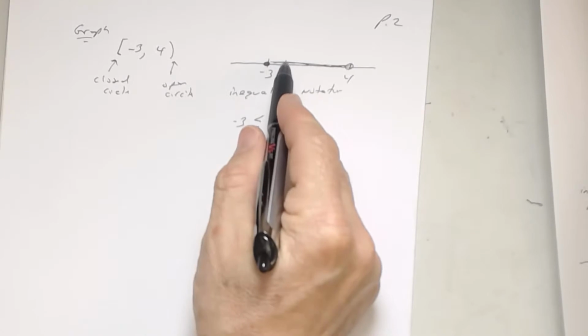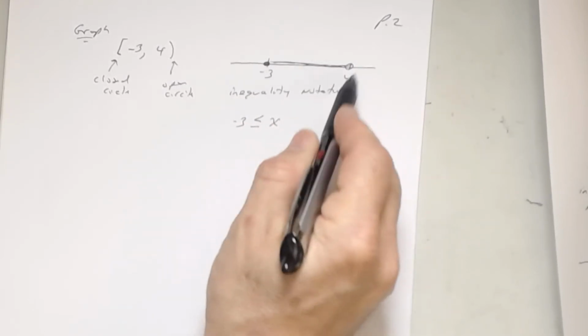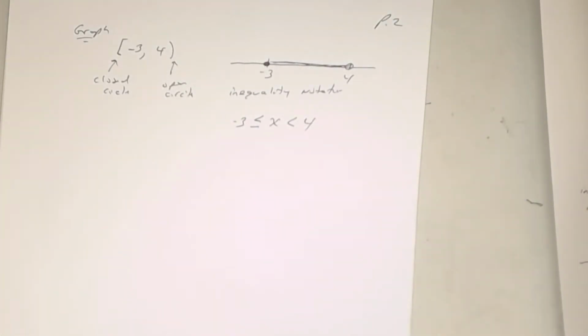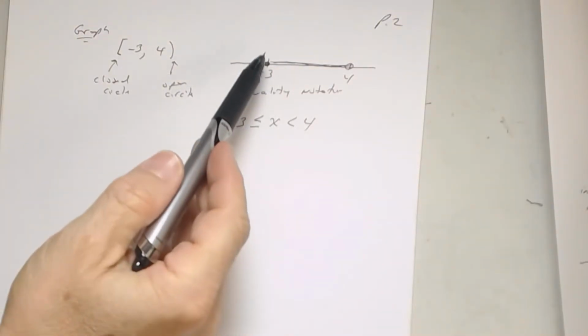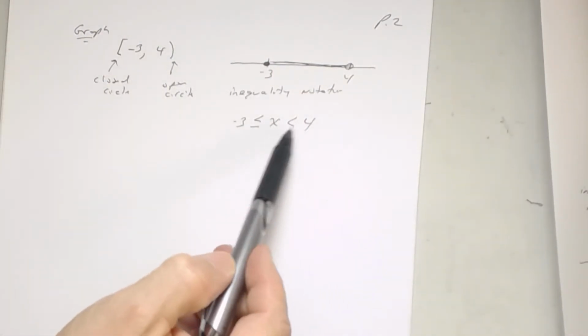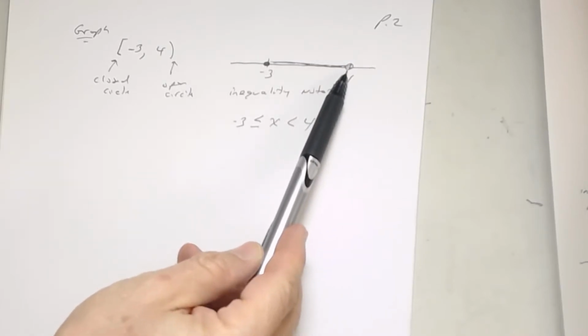And all these x's in here have to be less than what? Than 4. So that's your inequality notation. So notice all the x's are between what two numbers? Negative 3 and 4. There's an equal sign in negative 3 because of the closed circle. So make sure you remember that. There's no equal sign here, strictly less than, because you see an open circle.